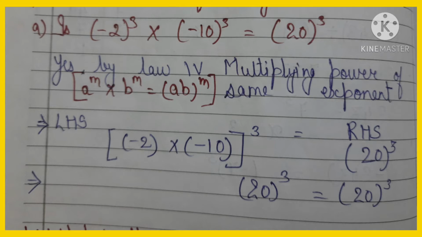So when -2 and -10 get multiplied they become 20, and the minus sign is cancelled. That is how the left hand side, 20^3, becomes equal to 20^3 on the right hand side of the equation.